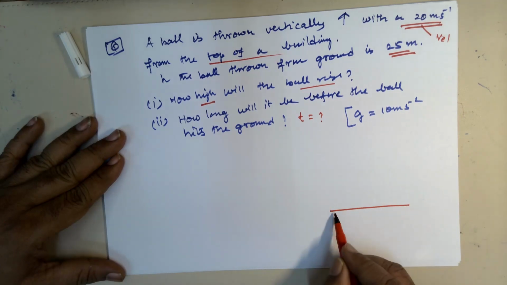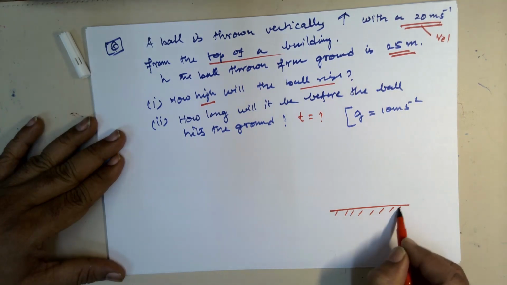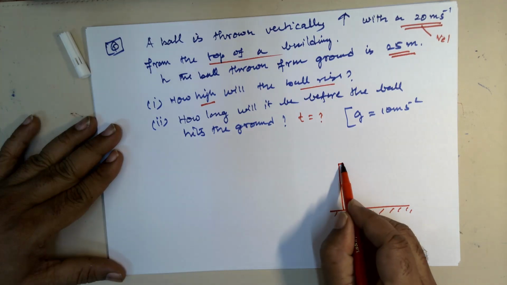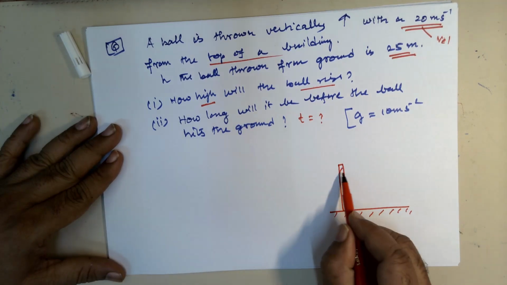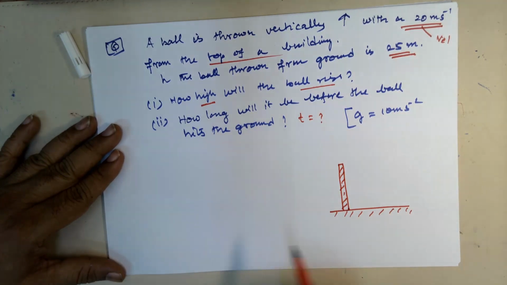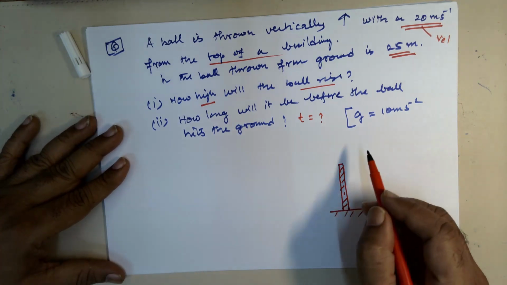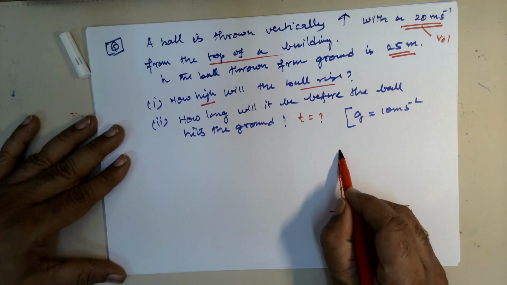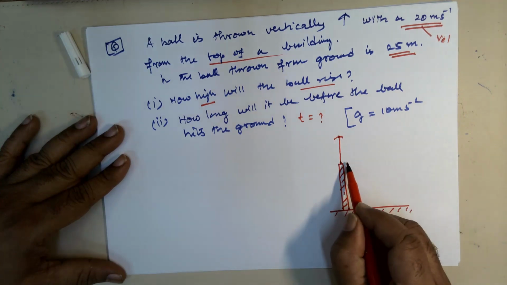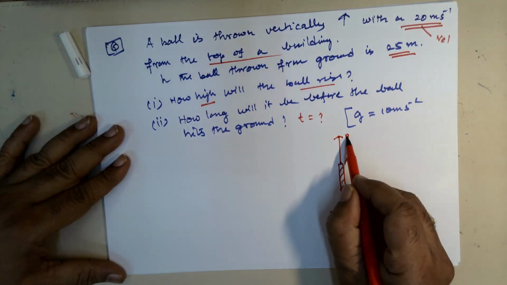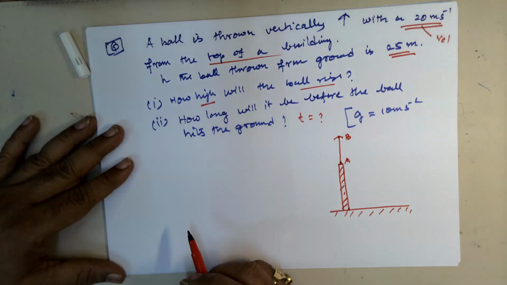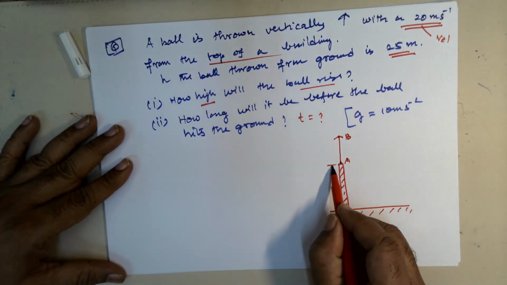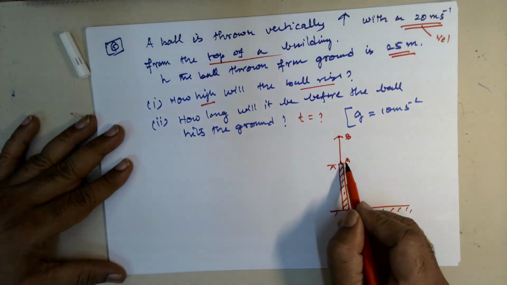So let me consider this is the ground, and draw a multi-storied building like this. You can represent like this. This is a multi-story building. So from the top of the building, he is throwing the ball. So this is A, this is B. And here, the height of the building, it means what?